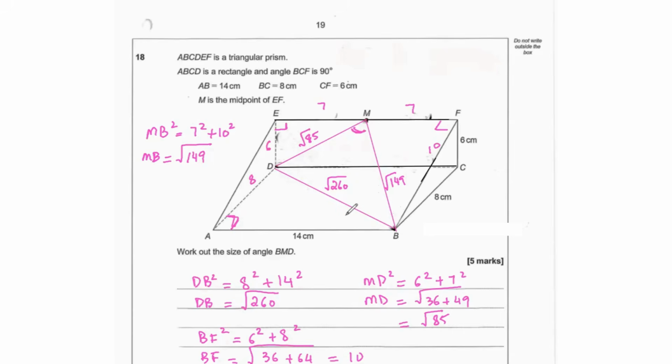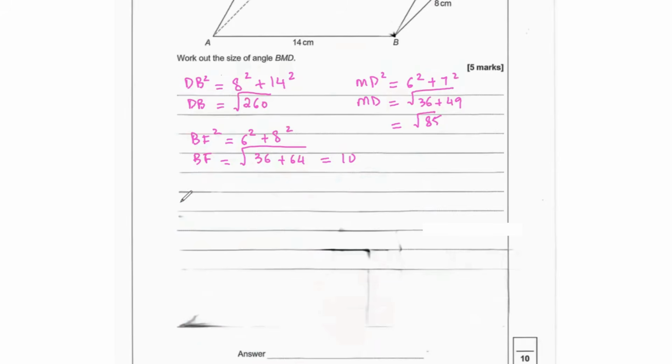And when we have all three lengths in a non-right angle triangle, we can use the cosine rule to find a missing angle. So this is our triangle MDB. So this was root of 85. This was root of 260, and this was root of 149.